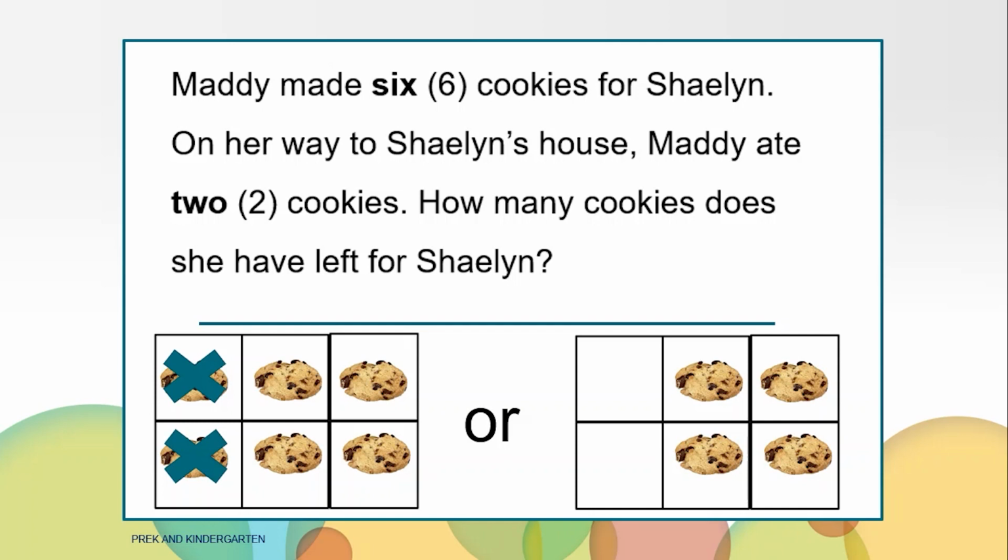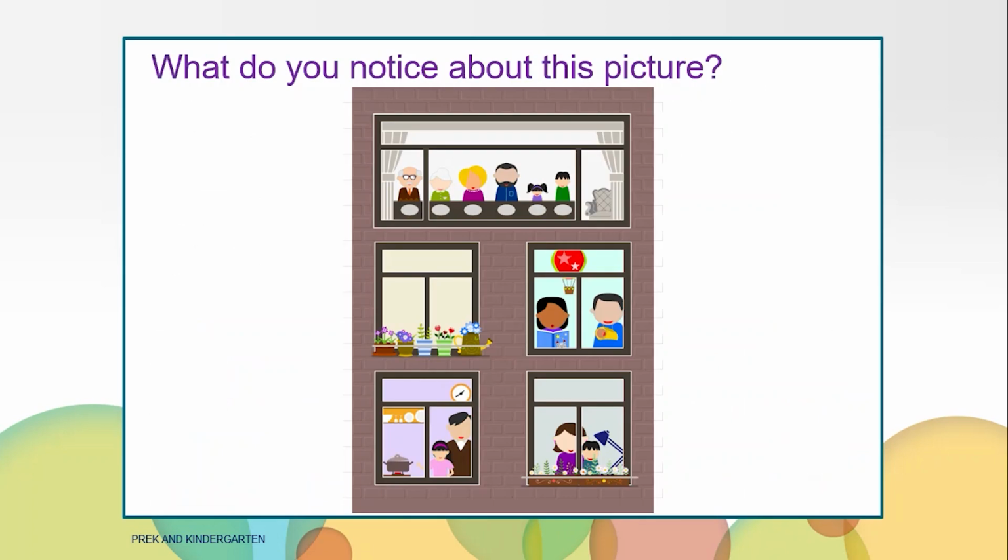You did a great job with that problem. Now I'm going to have you solve one on your own. What do you notice about this picture? Maybe you notice the people in the windows, the balloon in the back, or maybe you notice the plants.